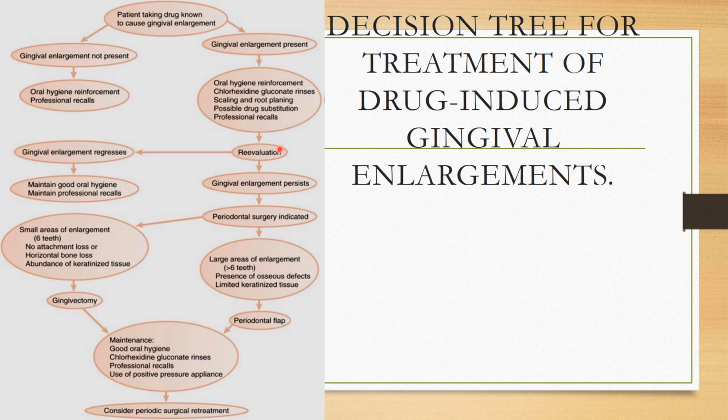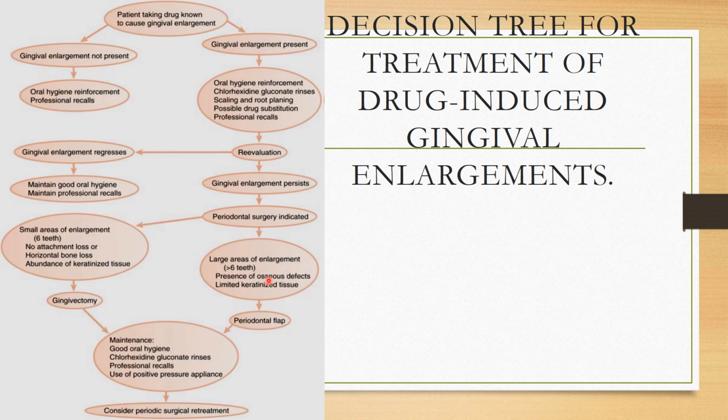If it is regressing, then again it will go to the maintenance phase. If it is persisting, obviously it will go to the surgical phase. Periodontal surgery will be indicated, then it will be categorized whether to go for gingivectomy, that is just the resection, or to go for regeneration, that is along with osseous correction.